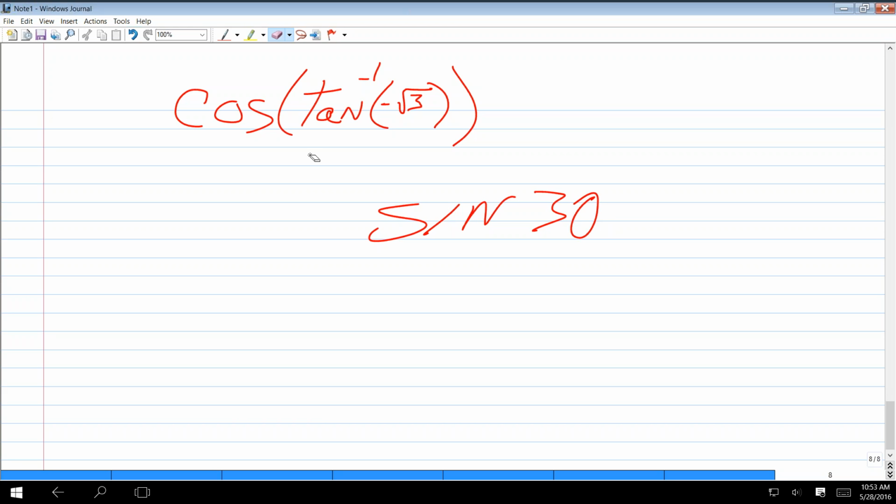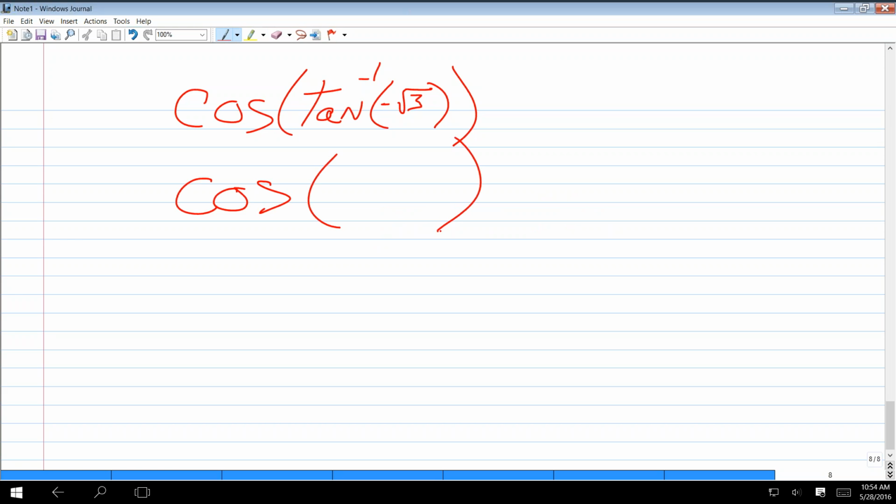Now do inverse tangent of negative √3. It's going to give you an angle. Negative 60. Correct.